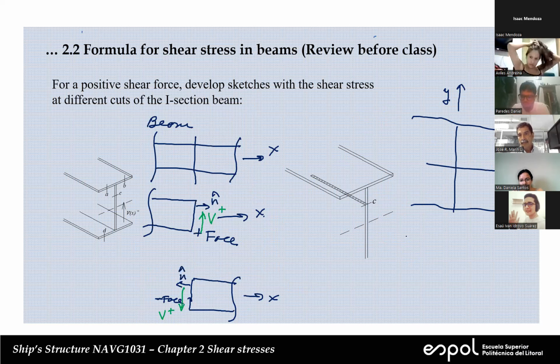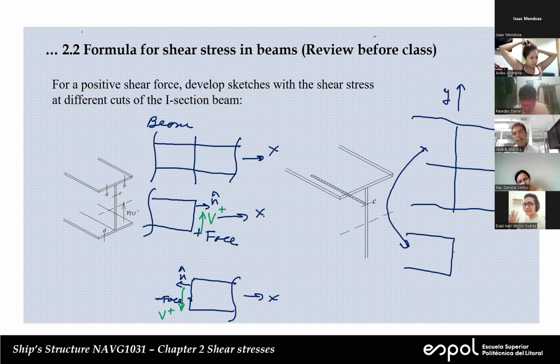Now, this cut is perpendicular to the x-axis. Is this a positive X cut or a negative cut? Positive. Exactly. So this is a positive phase.